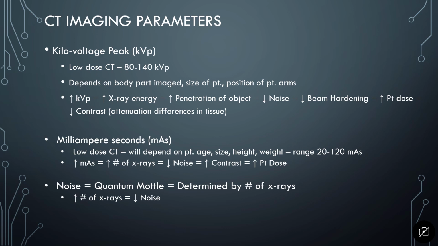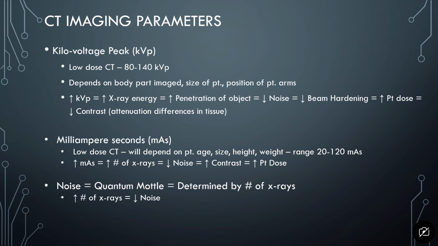The milliamperes per second: for the low dose CT, you will decrease the mAs. This will also depend on the patient size, their age, their height, their weight, all that stuff, their body habitus. And the range is typically for low dose CT, 20 to 120 mAs.